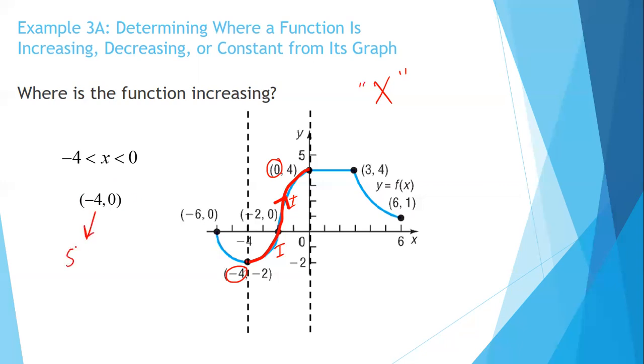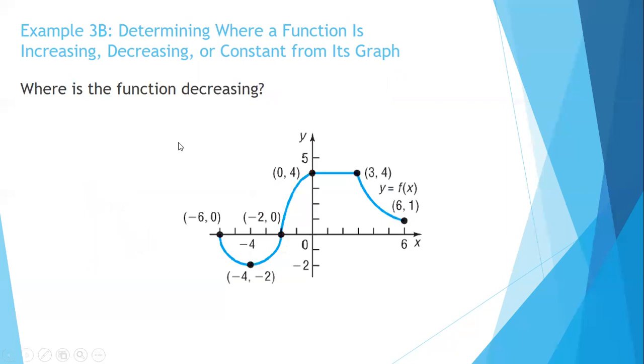This one represents where you start, and this one represents where you end on that function. They come from here. So this -4 came from here, and this 0 came from there. They're not a point on the graph. It's an interval to describe what's happening. Got it? All right. Now we're going to do the same thing, but this time we're going to do decreasing.